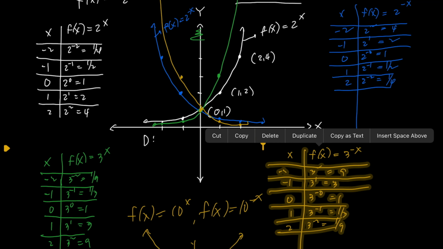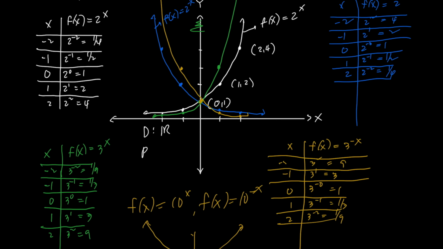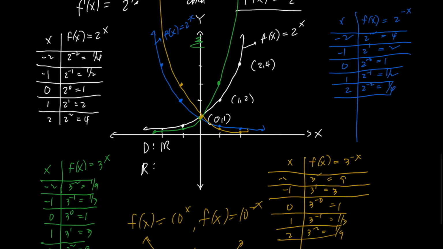So in that case, the domain is all real numbers. How about the range? Yes, the range is from 0 to positive infinity, since the graphs here do not touch the x-axis.